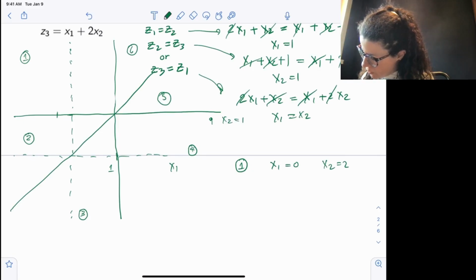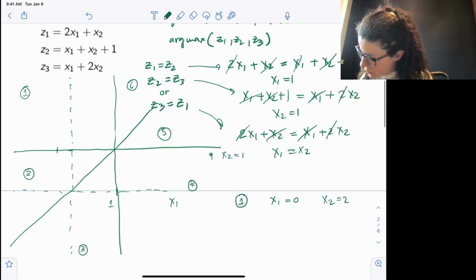Okay, so let's understand what these numbers are. z1 in this case is going to be 2 times 0 plus x2, so it's going to be 2. z2 is going to be 0 plus 2 plus 1, which is 3. z3 is going to be 0 plus 2 times x2, which is 4.